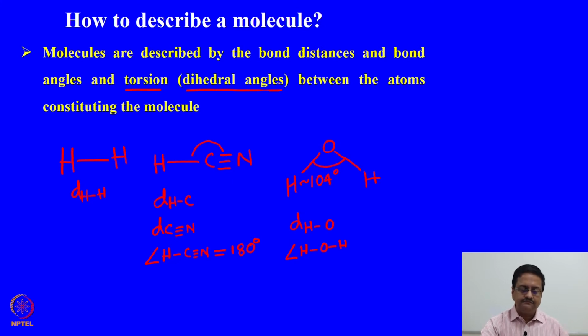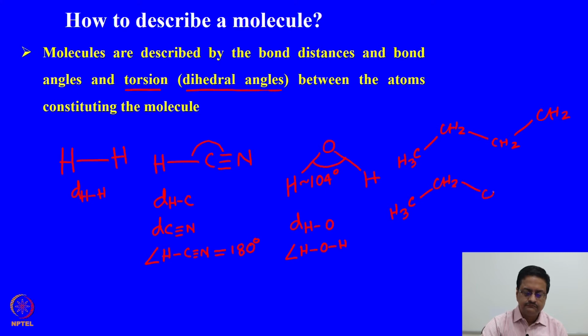So, for example, one can draw butane like this, and the same molecule like this. What is the difference? The difference is the torsional angle about this bond.